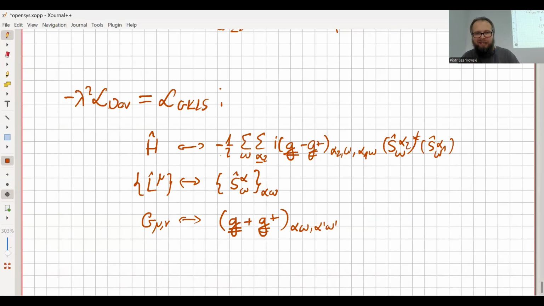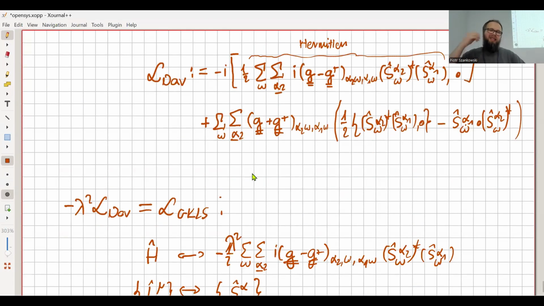Well, actually, probably times lambda squared also, and here lambda squared as well. Yeah. Boom. So this is the end of the journey. We managed to do it.